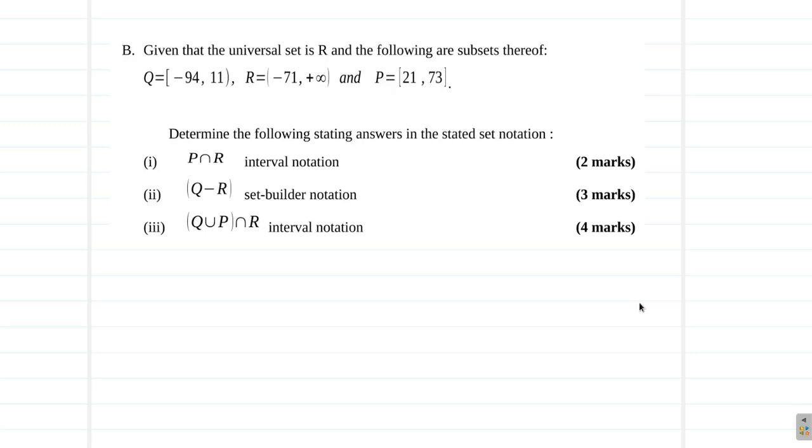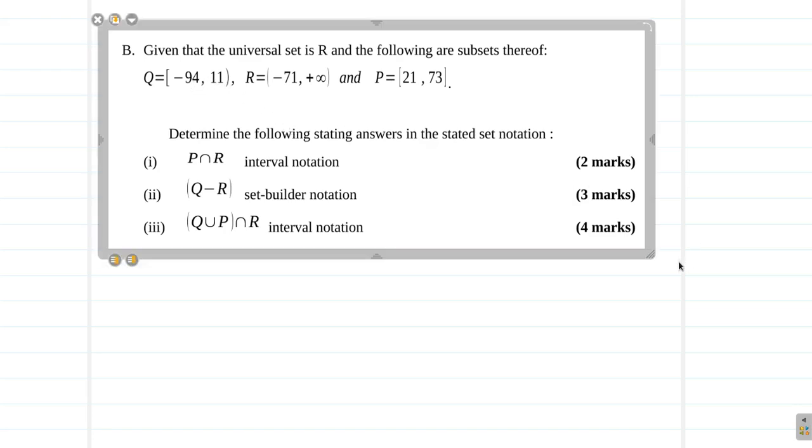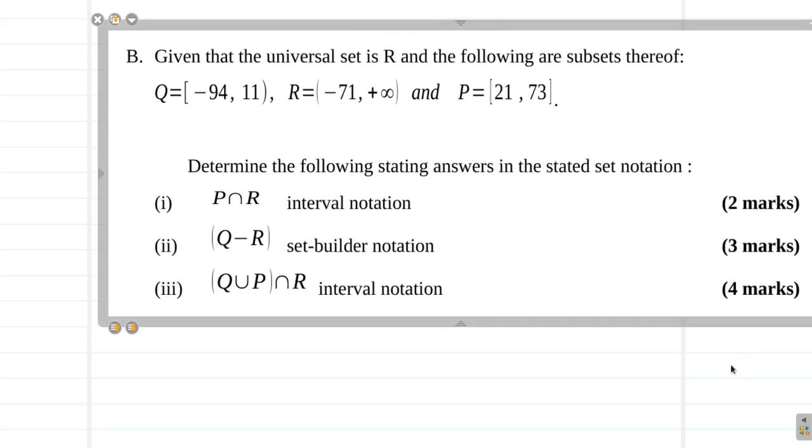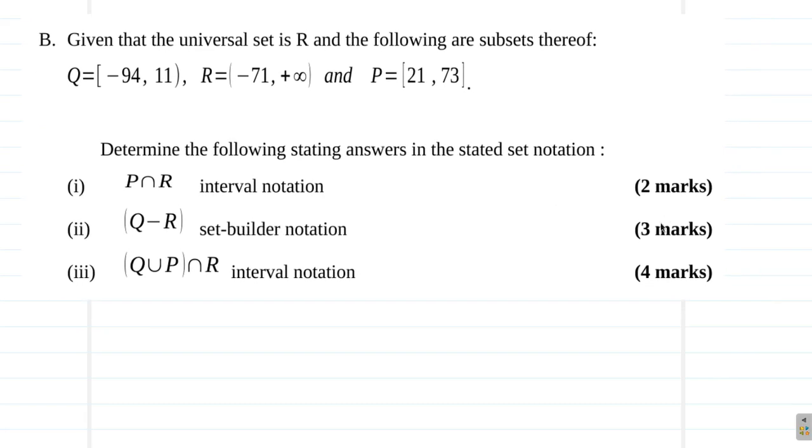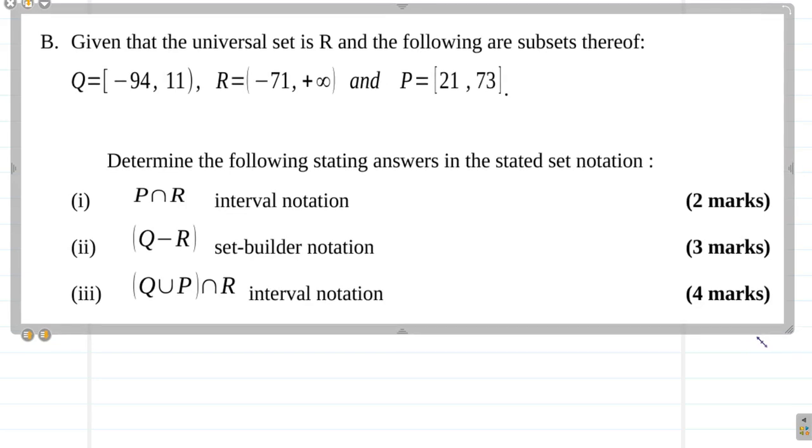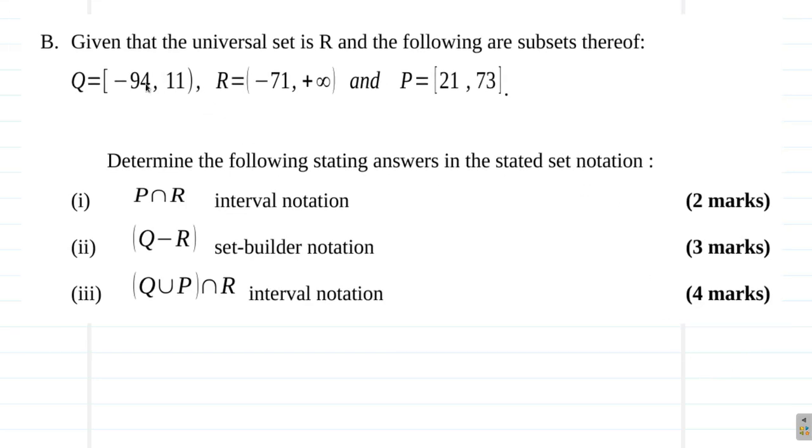Here, we're given the universal set R, and the following are subsets of the universal set. Q is [-94, 11). Let me expand it here a bit so it's easier for us to see.